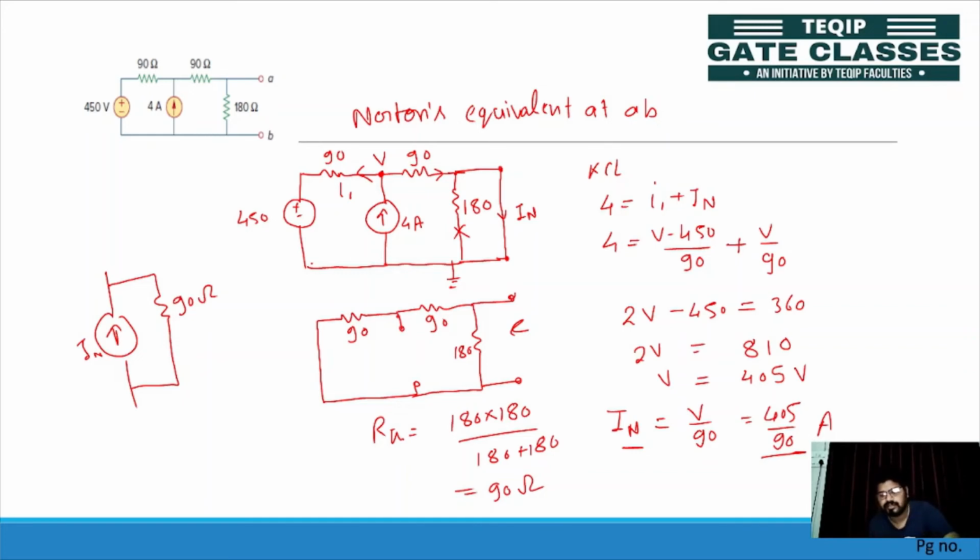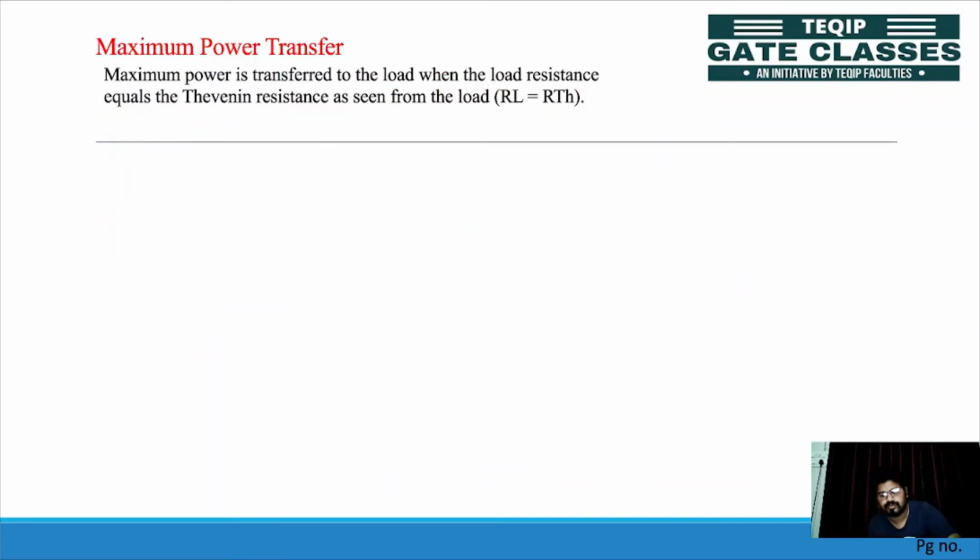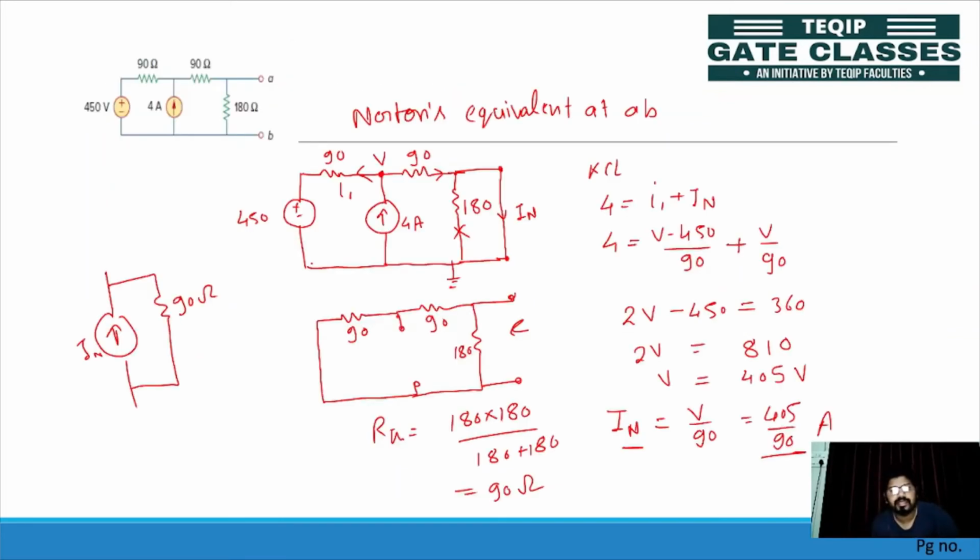The one thing you have to remember, if you have a dependent source in a circuit, you cannot directly find R equivalent or RTH from here, because you cannot turn off the dependent source.